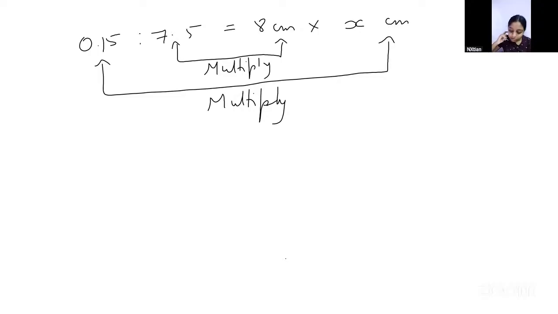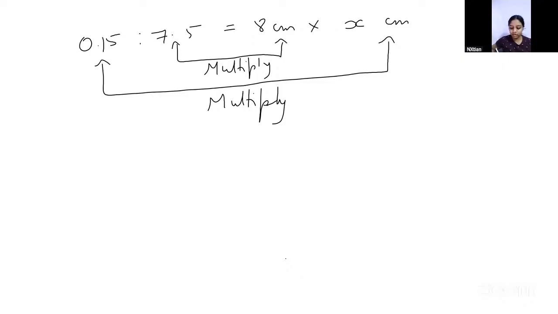Okay, Joshua, how much is 0.15 into x? 0.15x. Very good, that is correct.